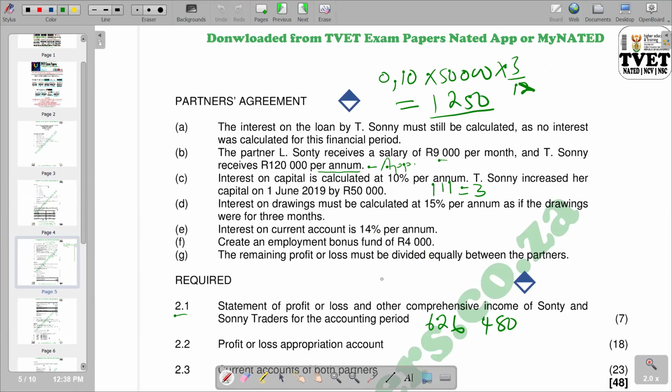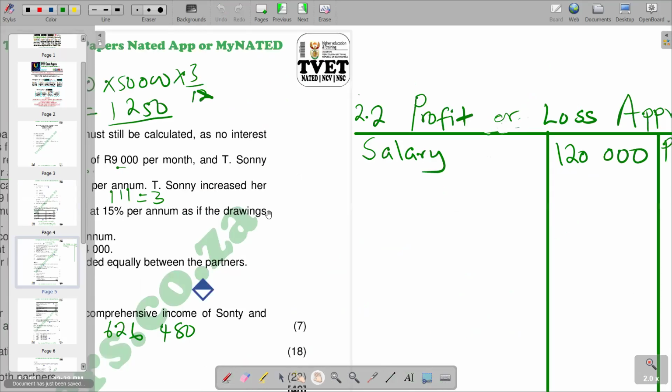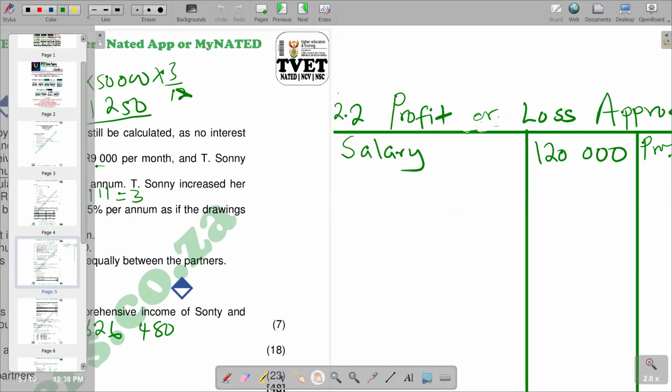So we go to our answer section and summarize the working by saying interest on capital. We had 20,000 for the capital that was there for the whole year, plus the one that was introduced during the year, which is 1,250.